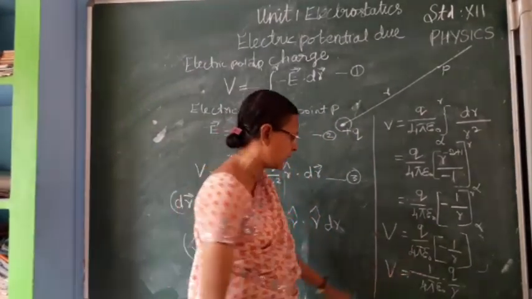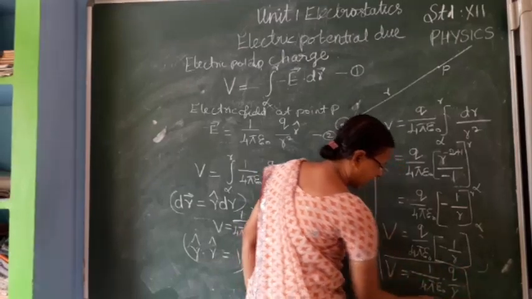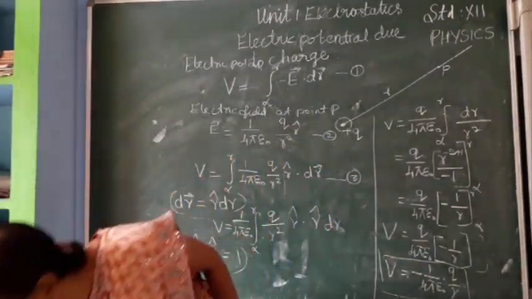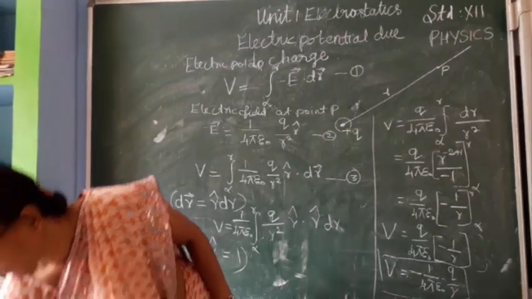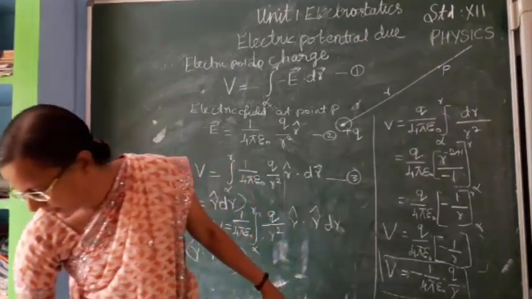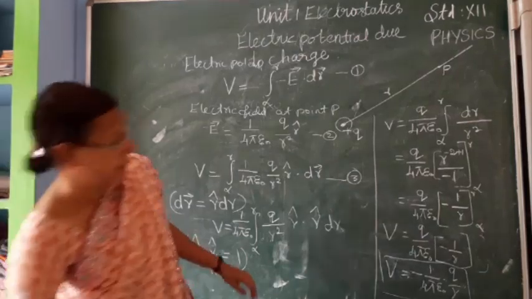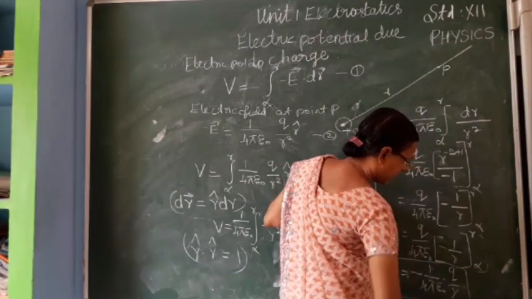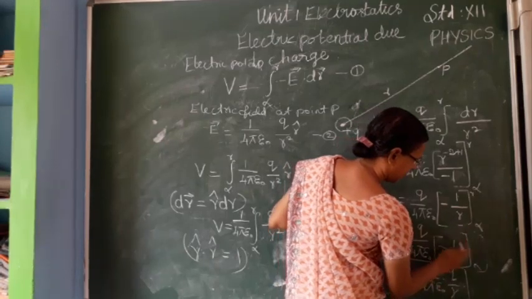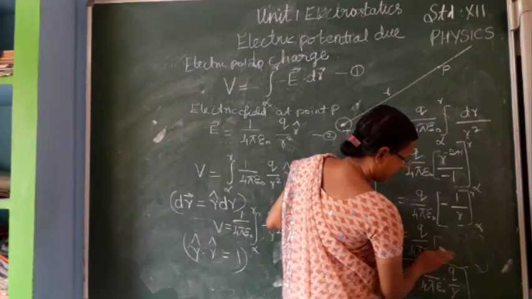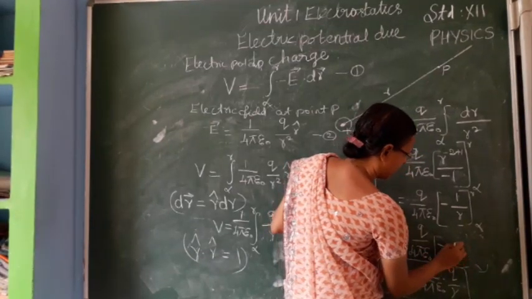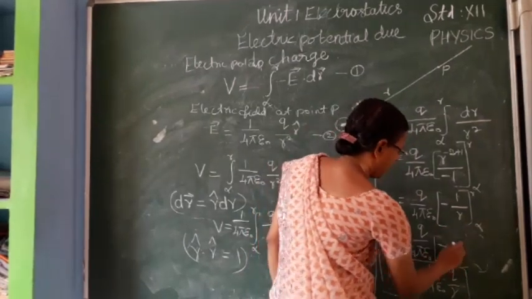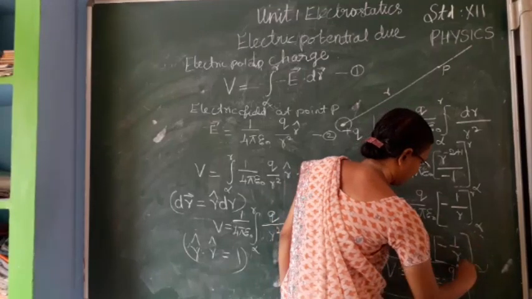This is the expression for electric potential, minus 1 by 4 pi, no, sorry, here R, then here infinity. So the minus we cancel, minus 1 by R. Okay.